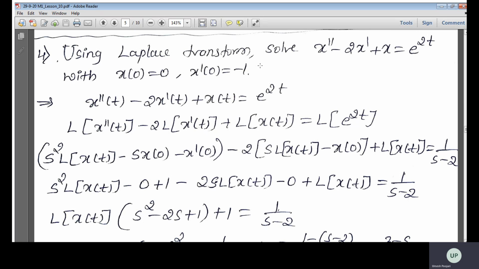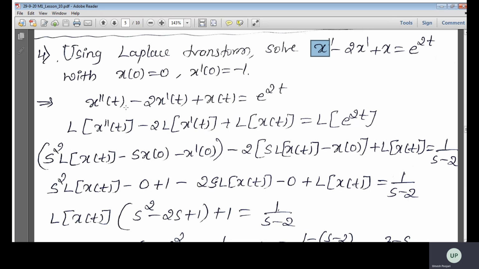But in this example, x dash is dx by dt, x double dash is d square x by dt square. So x is the dependent variable and t is the independent variable here. We have to solve this second order differential equation and obtain the values for x.